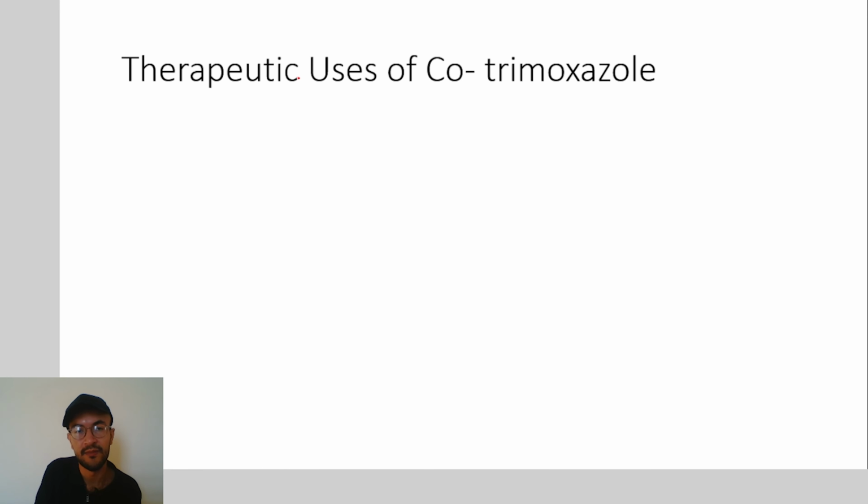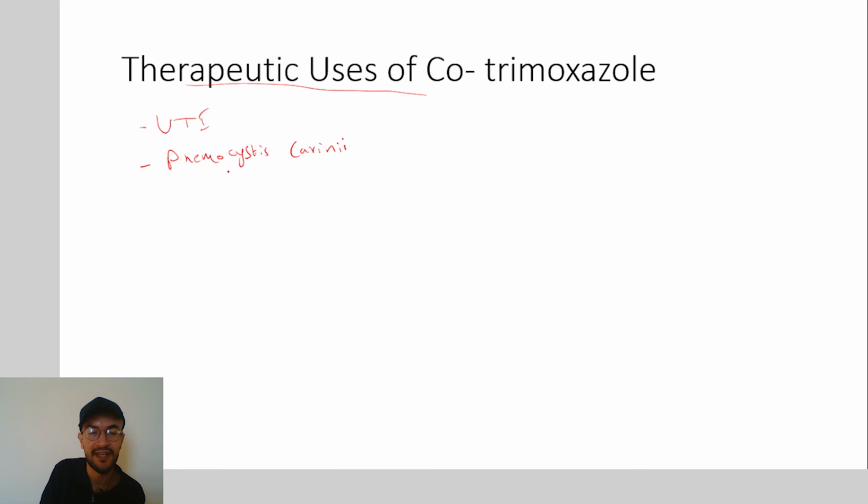Now let's talk about the therapeutic uses of the co-trimoxazole. So first is the urinary tract infections, and that's because it works on the E. coli, and it is secreted in urine as active drug. So it works on the urinary tract infections. It also works on the Pneumocystis carinii in patients who have a compromised immune system.